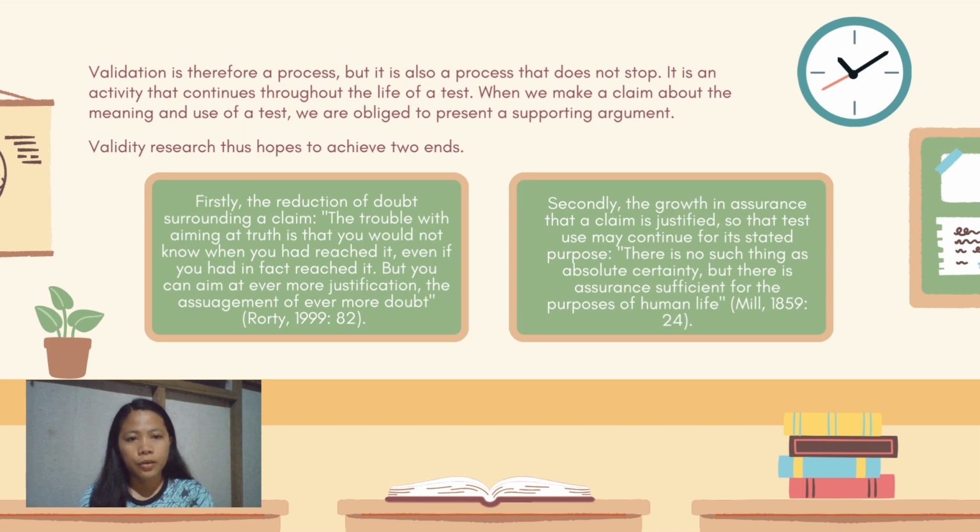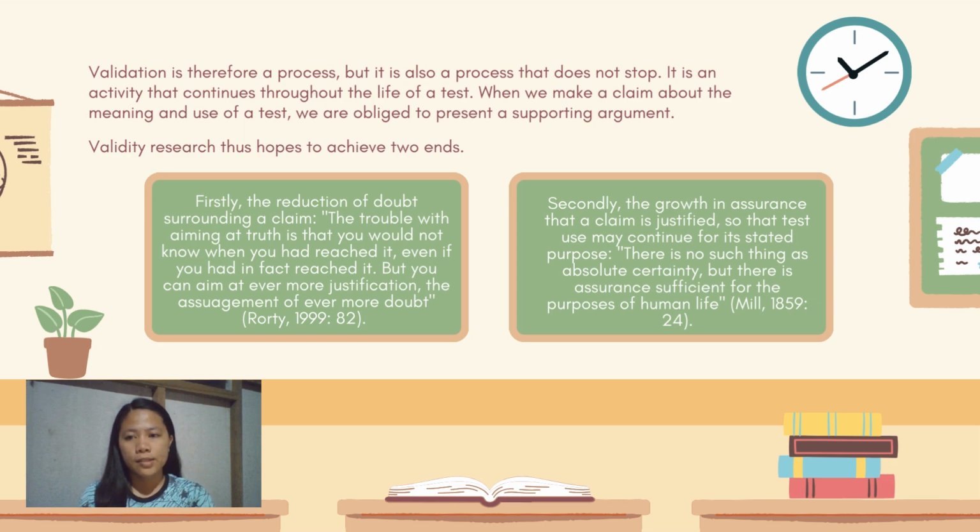Secondly, the growth in assurance that a claim is justified so that the test use may continue for its stated purpose. There is no such thing as absolute certainty, but there is assurance sufficient for the purposes of human life. This is according to Mill, 1859, 24.